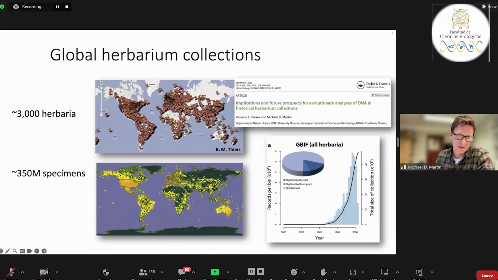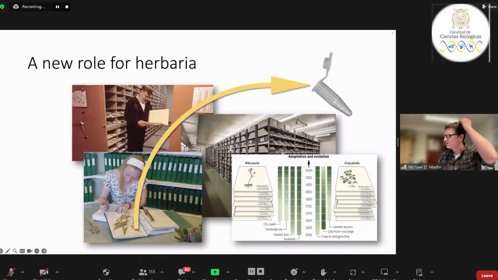So what kind of stories can we tell, and what kind of questions can we answer by looking into the past with these herbarium collections? I would like to introduce the idea that these are not just reference libraries for plant taxonomists and botanists, but in fact, they can be considered genomic resources.